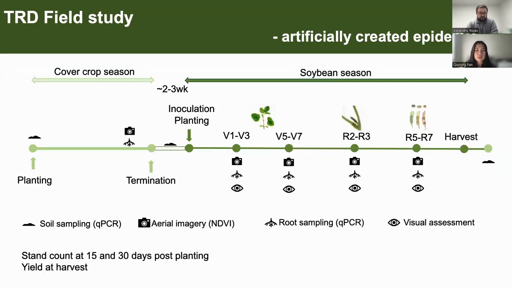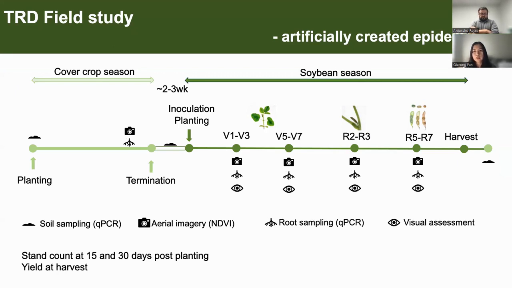This field study was done in Arkansas and consists of 2 separate crop seasons. The cover crop season starts with planting, usually in late October of the previous year. Then we sample the soil from the field for analyzing its physical, chemical, and microbial properties.